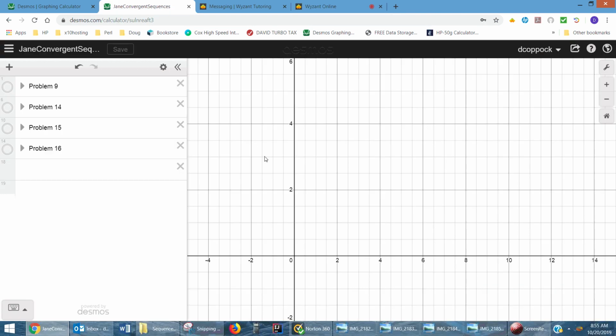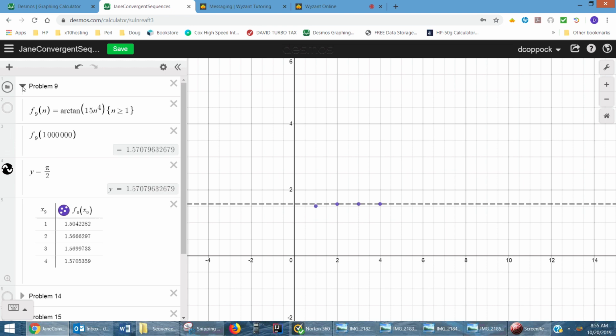So I'm going to send you the link to this URL, but I want you to see how I have a table here, and there's the limits of the sequence, and already by the time I'm at 4, I've got 1.5705. So very close to pi over 2.